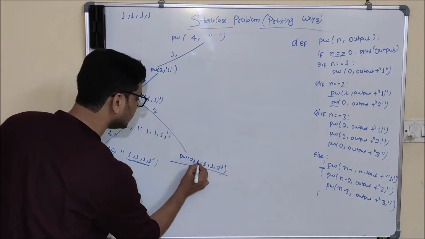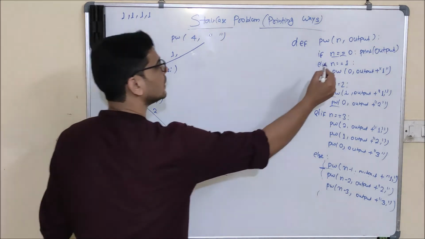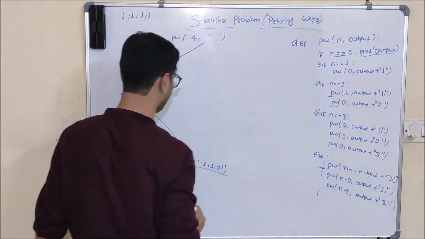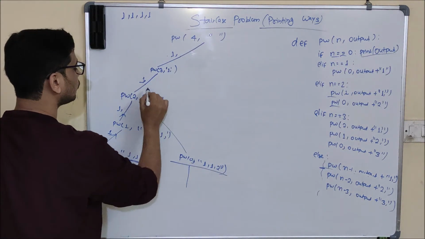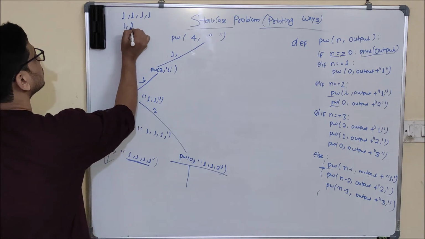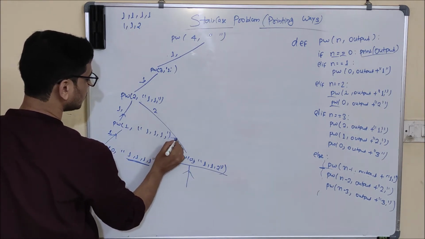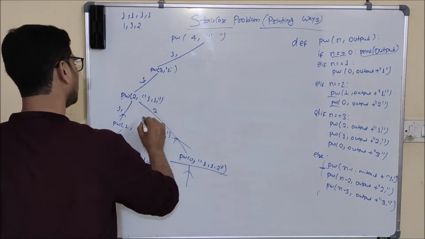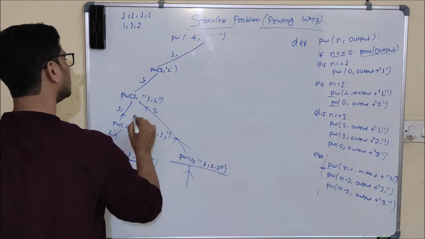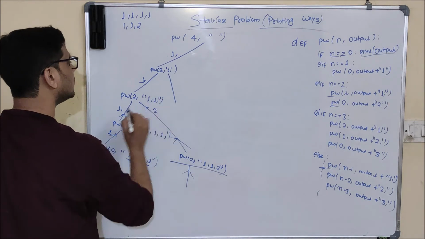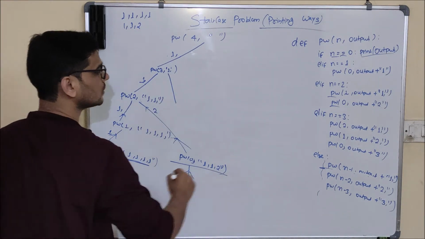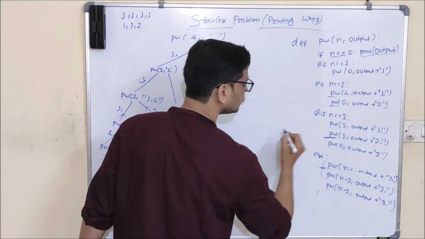And when this pw of 0 is called, this output will be printed. And what's in output right now? 1, 1, 2. So this will return from here. This will also return from here. And this will also return. Basically, after that, for pw of 3, control will come to this particular line.